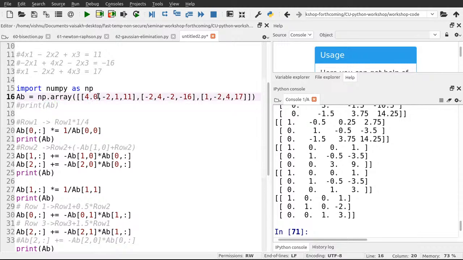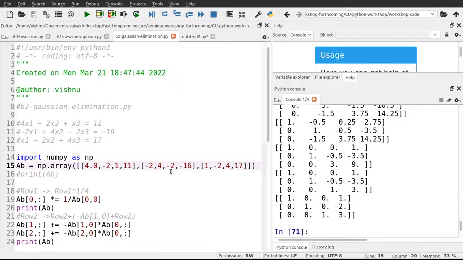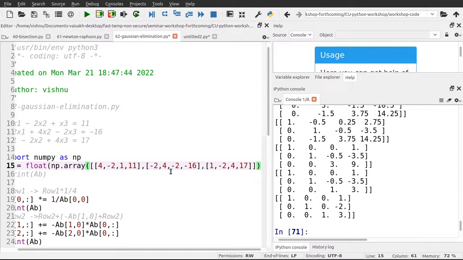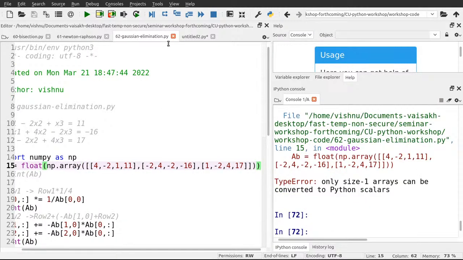Or what I'm wondering here is, instead of writing it like this, suppose we write NP array, and can we apply float directly to all these? Sorry, that's not possible.